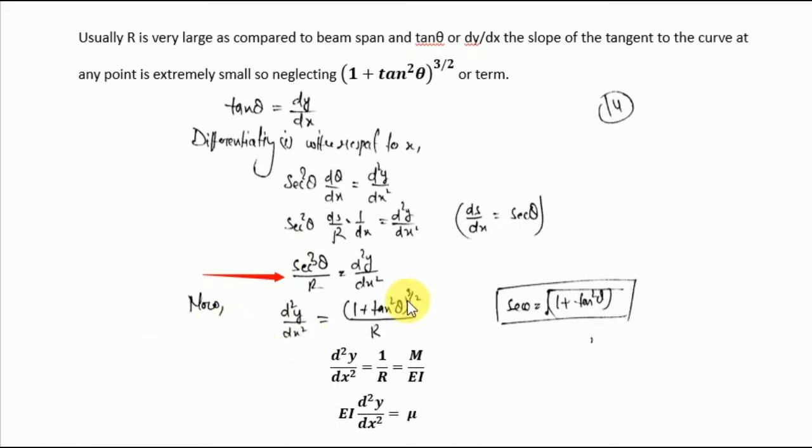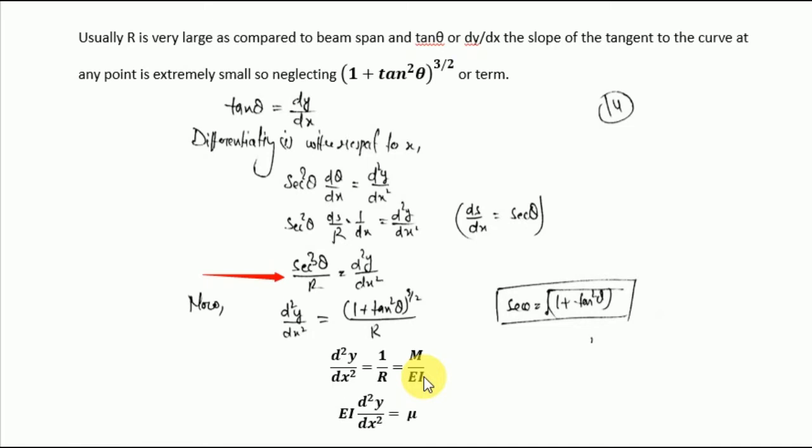So after neglecting this term, we have d2y upon dx2 is equal to 1 upon r, and we already have the formula of bending stress of beam, where we can find the value of 1 upon r, which is m upon EI.